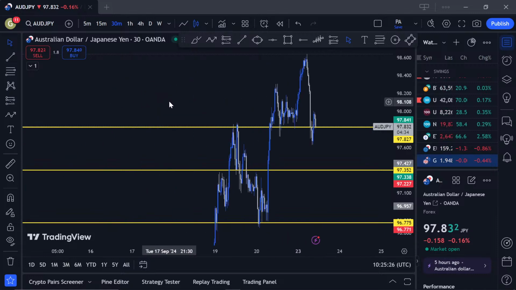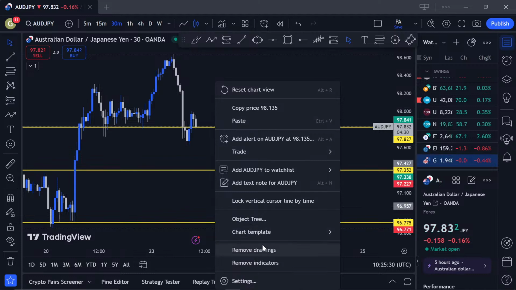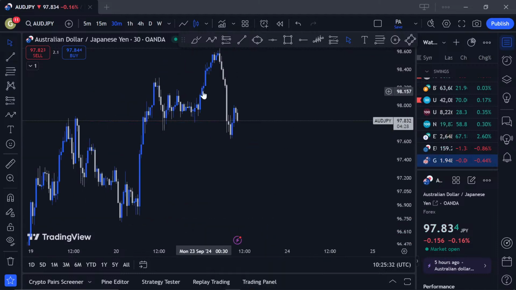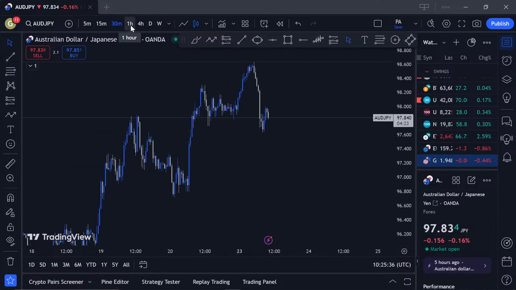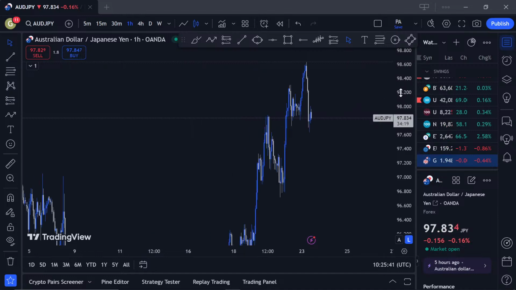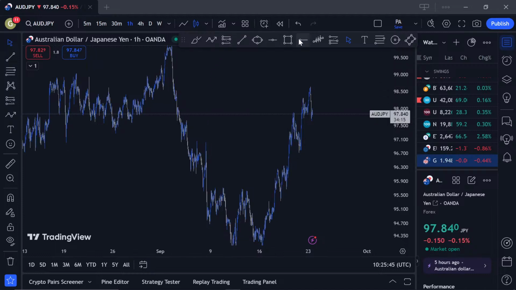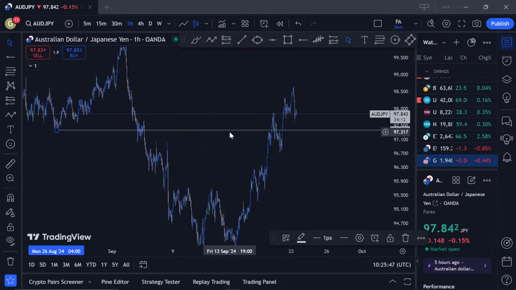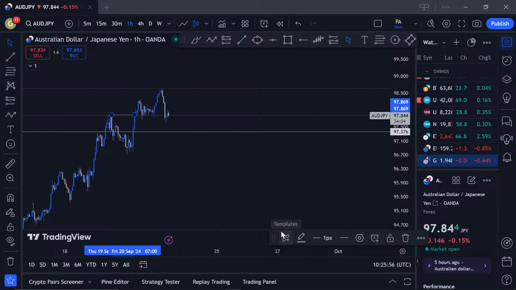I have had setups in this market long ago. Maybe I'll stop trading it. Let me go over to the hourly time frame. Break of structure right here.